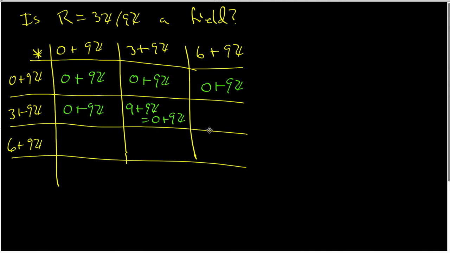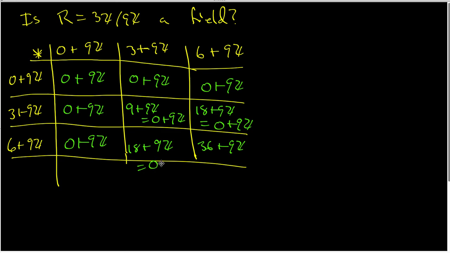And 3 times 6 would be 18 plus 9z, but that again is going to be 0 plus 9z. And 6 times 0 is 0, so we have 0 plus 9z. 6 times 3 is 18, so we have 18 plus 9z. And finally, 6 times 6 is 36 plus 9z. But again, 18 plus 9z is the same as 0 plus 9z. And 36 plus 9z is the same thing as 0 plus 9z.